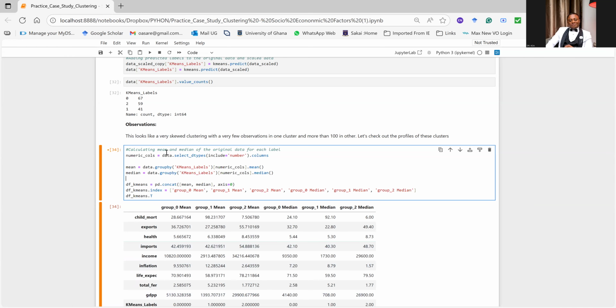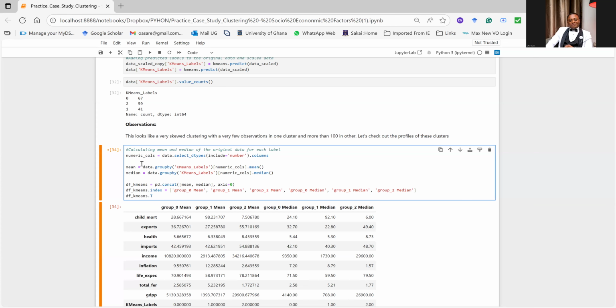Basically, what we're doing is this: the original data set had a column of country names, Afghanistan, Australia, and so forth, and we are creating the mean and median from that, and it wasn't finding anything sensible. So what we needed to do was remove that column.